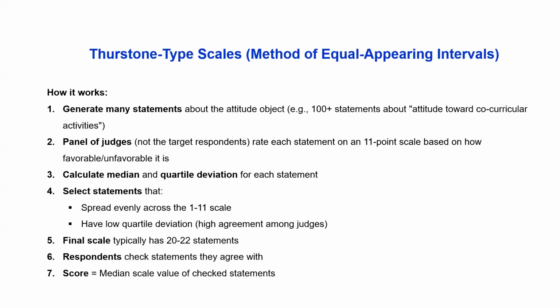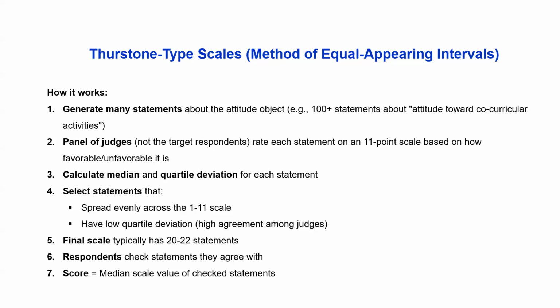Let's see. The first one is called Thurstone type scales. Let's see how it works. First, we generate or create many statements. They are not questions. You have to remember, they are not questions but statements.